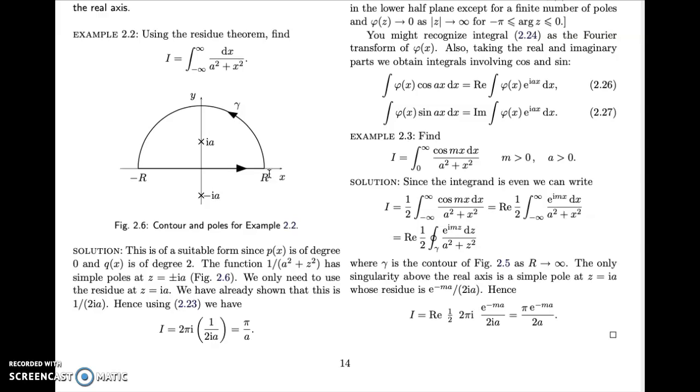Okay, so the actual work we have to do is to locate any singularities, because basically the integral around this contour is going to be 2 pi i times the residue of any singularity inside. So we look at this and say, okay, well the function 1 over a squared plus z squared has simple poles at these two places. We only need to consider this one here, and we need to find its residue.